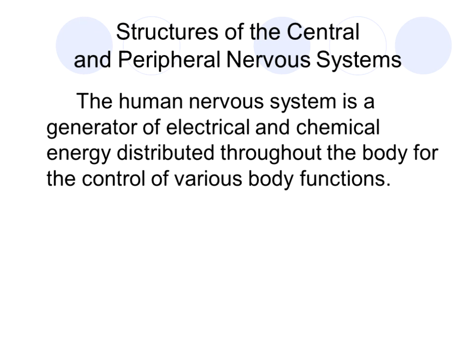And then the electrical energy moves down through the axon, and when it gets to the end, we have chemical energy that is released. And it's released in the form of neurotransmitters. Some neurotransmitters are inhibitory, some are excitatory.